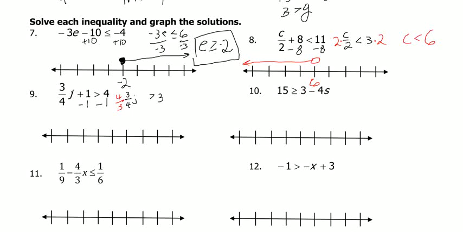So we multiply by 4/3, and that leads us to having j being greater than 12 divided by 3, which is 4. So we can put our 4 right here with an open dot, and j is supposed to be bigger, so we're going to go to the right with it.